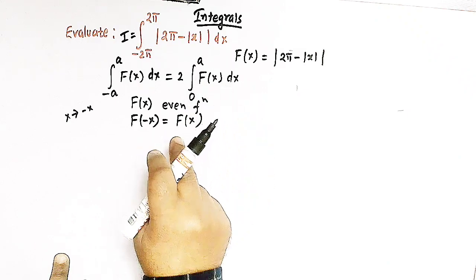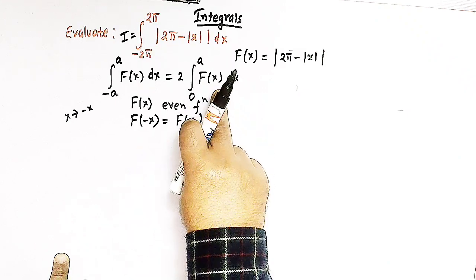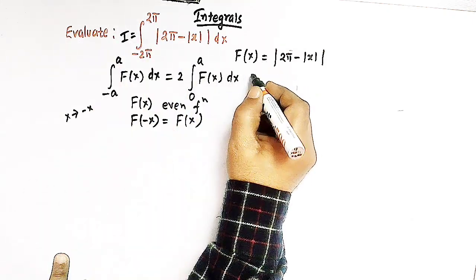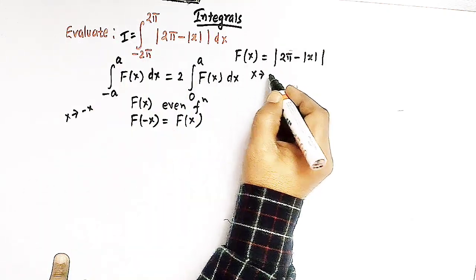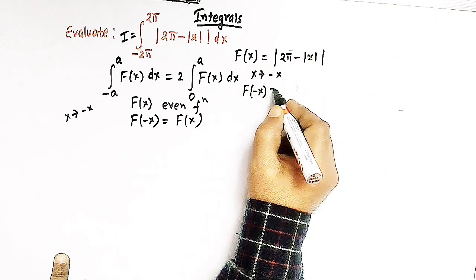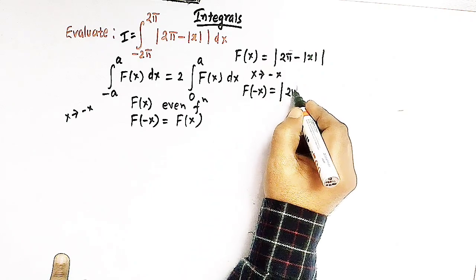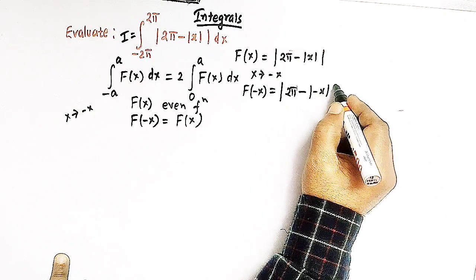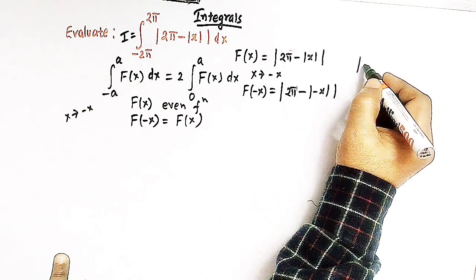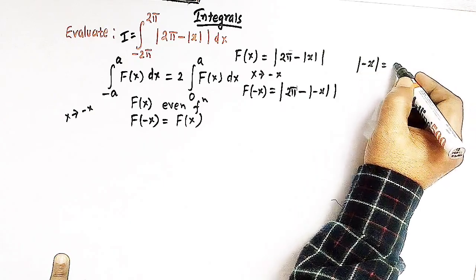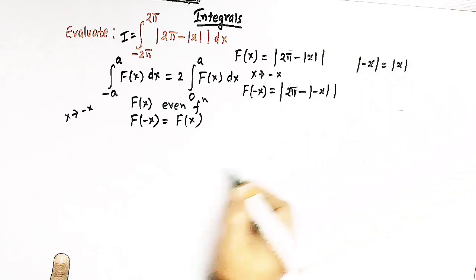So first of all, we'll apply this property to this integral, right? So here if we replace x by minus x, then we have f of minus x, and here we have mod of 2 pi minus mod of minus x, and we know that mod of minus x is equal to simply mod of x, right?